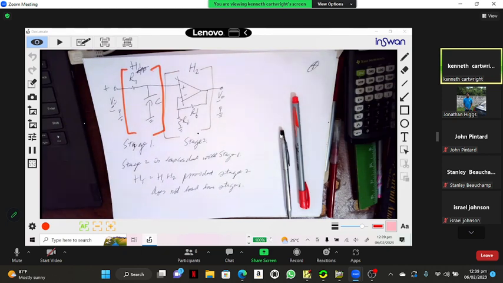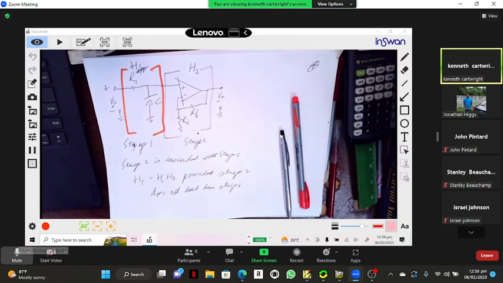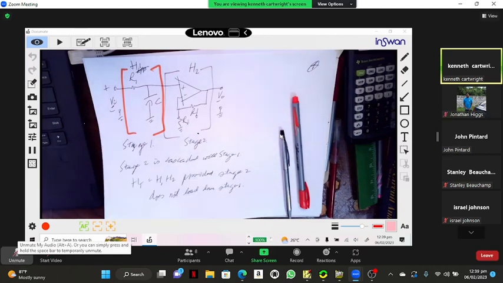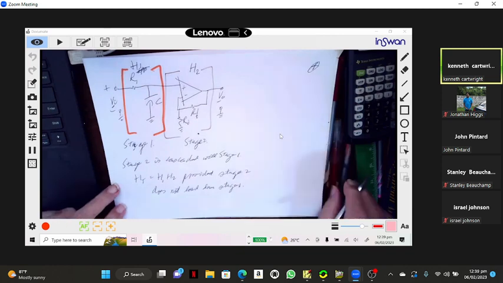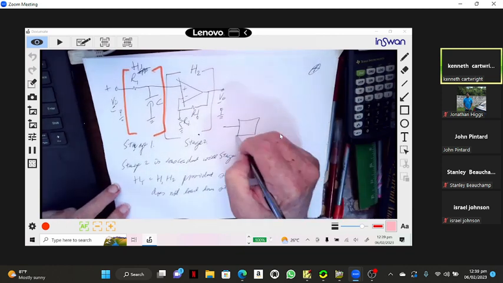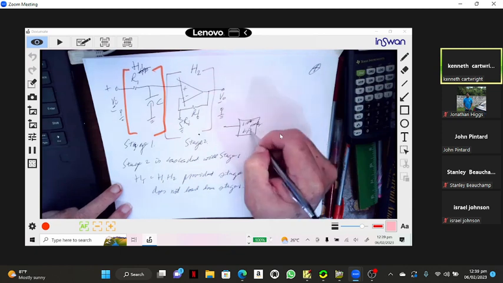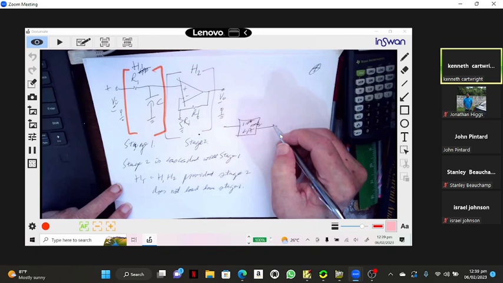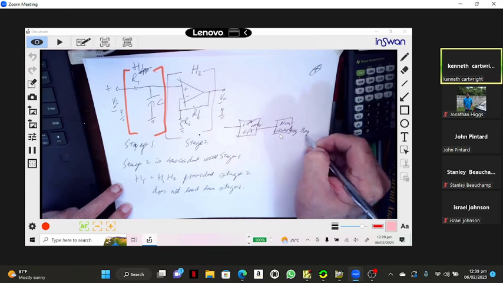Wow. Those block diagrams represent circuits. You realize that, right? Each of those blocks is a circuit. See, I can give you a block diagram for this. You know what the block diagram for this is? A first order low pass filter, followed by a non-inverting amplifier.